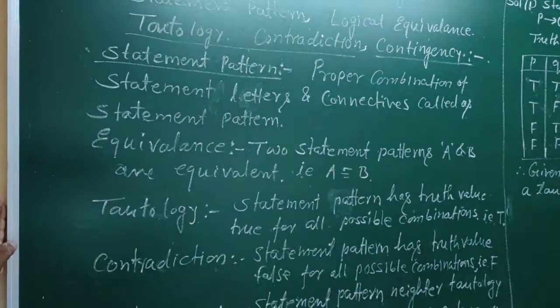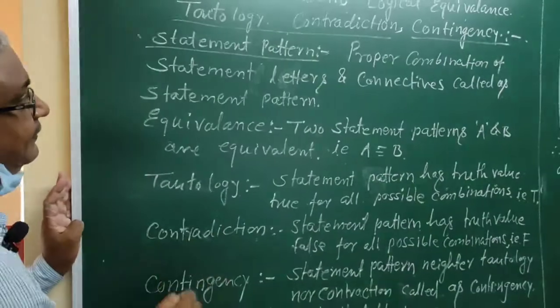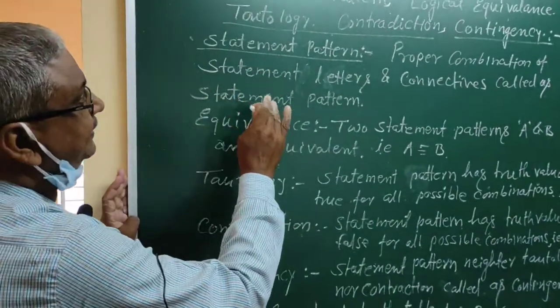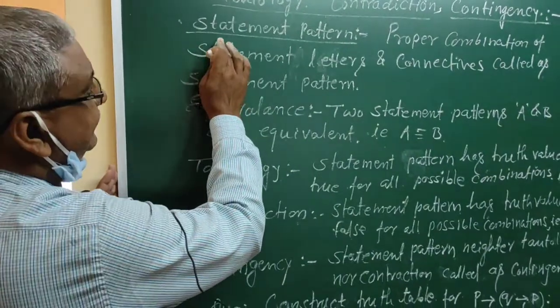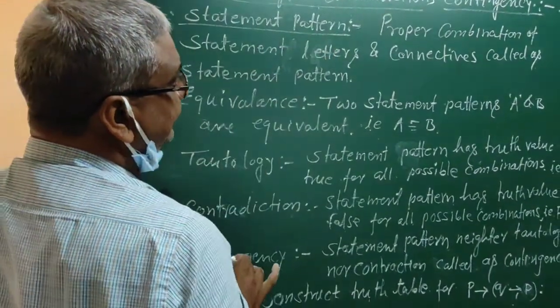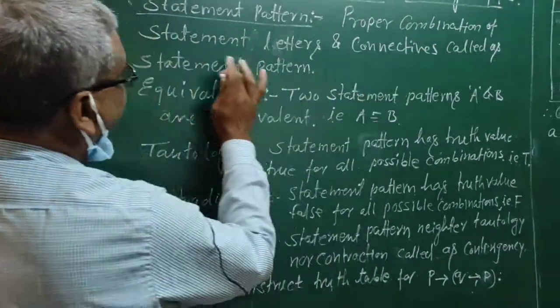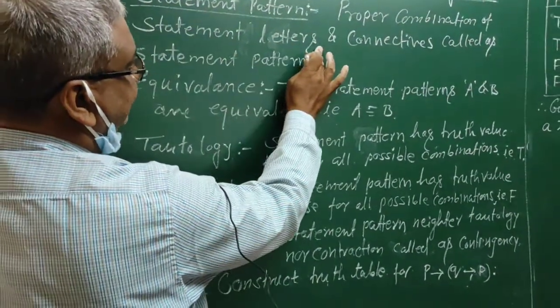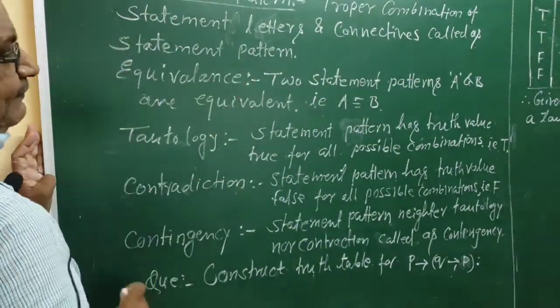So first of all, what is meant by statement pattern, that we define here, because we have seen the logical statement. So on the basis of logical statement, this statement pattern is defined here. A proper combination of the statement letters and connectives is called the statement pattern.